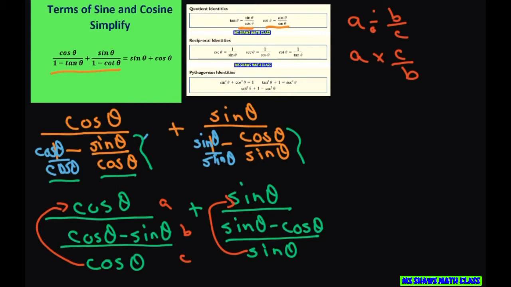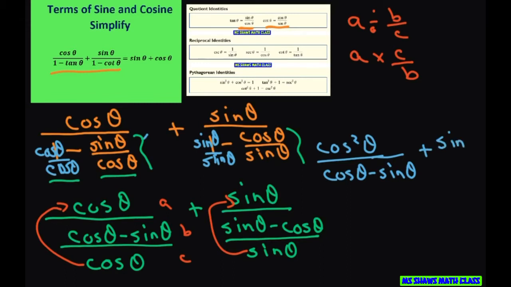We get cosine squared of theta divided by cosine theta minus sine theta plus sine squared theta divided by, what do we have? Sine theta minus cosine theta. So I just multiplied these.